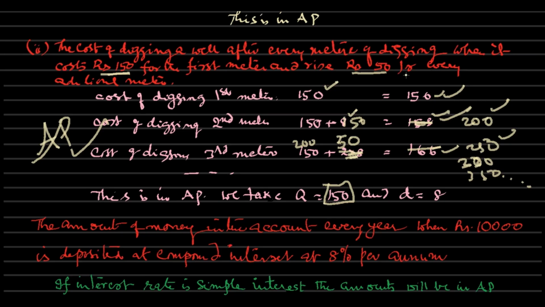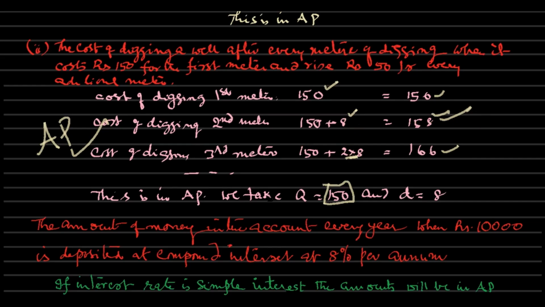Only thing is, instead of 50, originally I have taken 8. While writing in your notebook, you changed it to 50. See, nowhere is 50 there. Everywhere 8 is there. This is wrong.